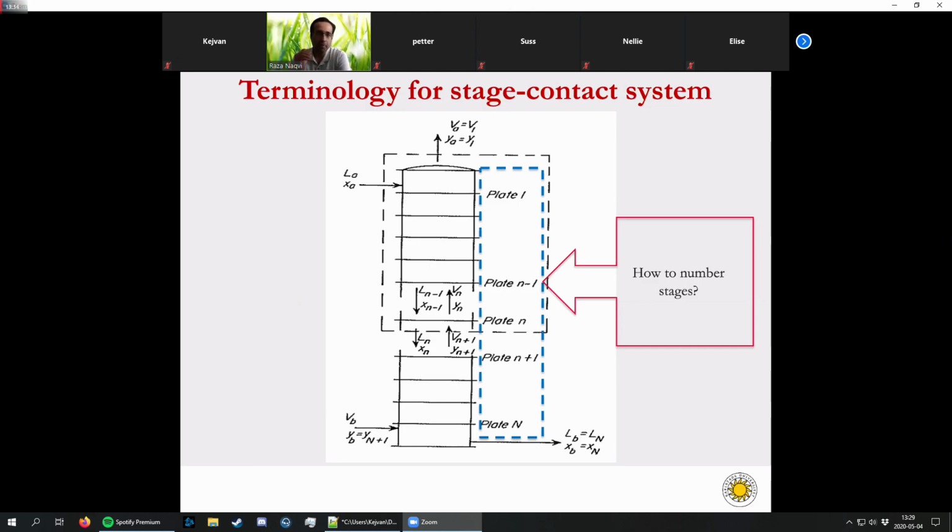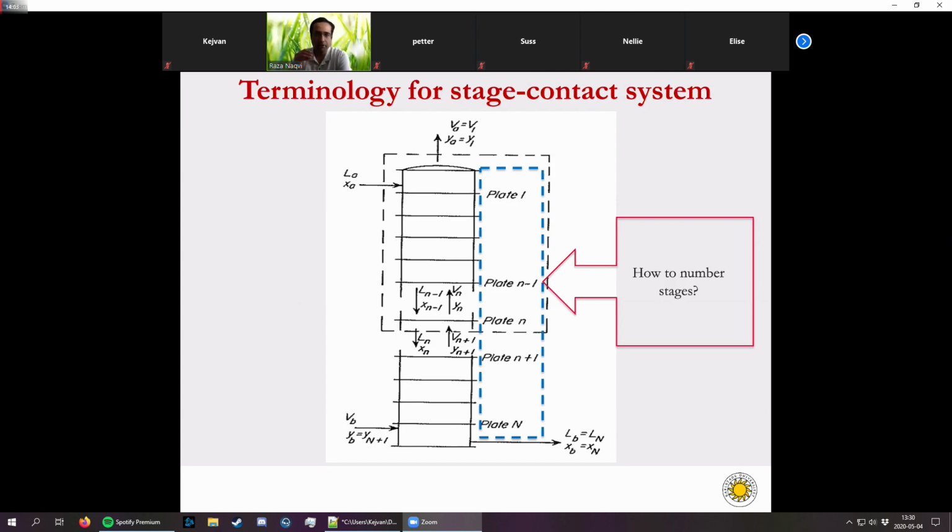So it is very important that we first name our stages, our plates. There are different ways to write the plate number. Sometimes you can start from top to bottom, so you put plate number one at the top of the distillation column, then number two, third, fourth, and so on, and plate number n, which is the bottom plate.